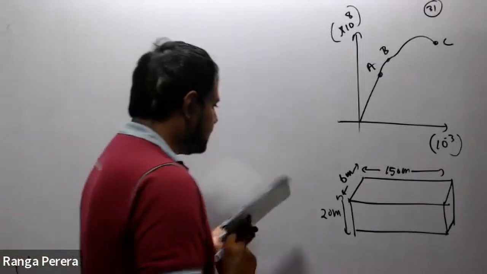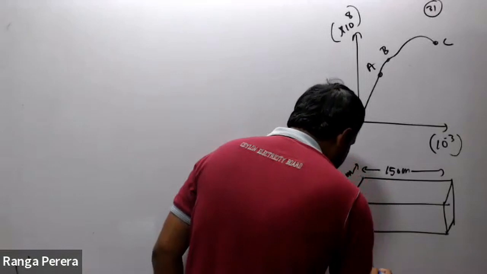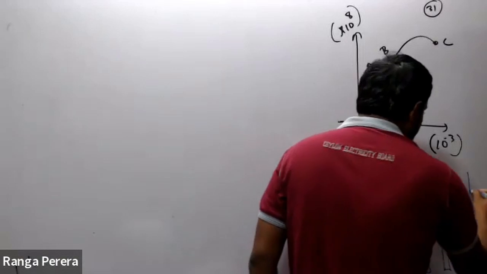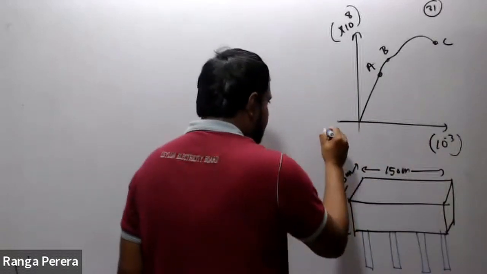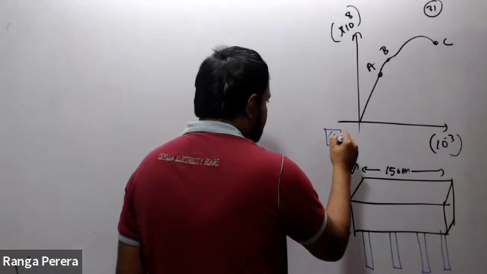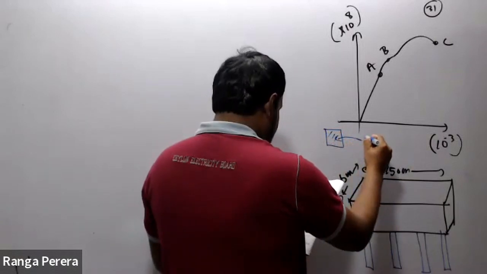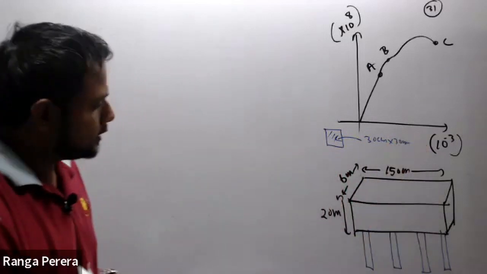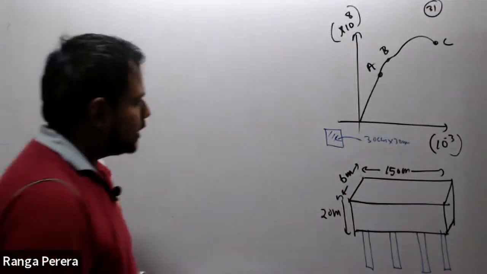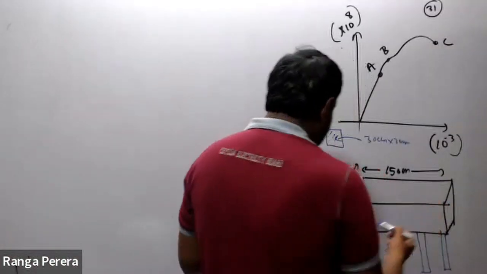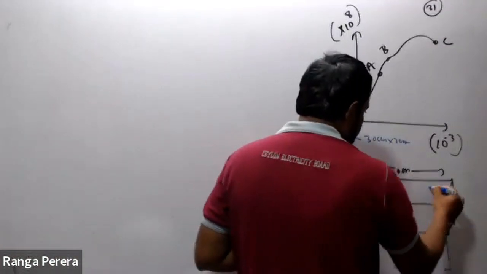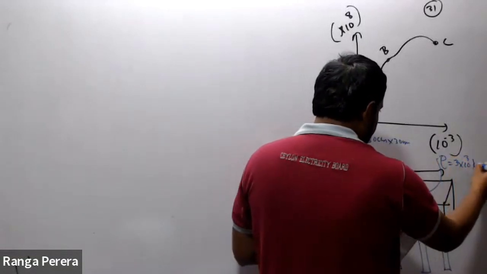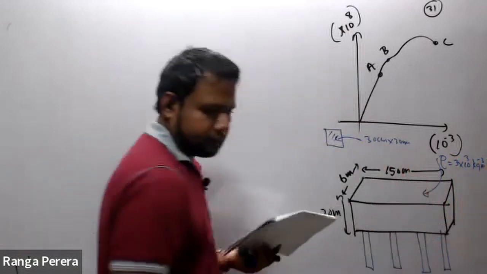It is supported by a few rods like this, which have a square area of 30 centimeter by 30 centimeter. We don't know how many. Inside this we have soil. The soil density is also given: rho is 3 × 10 to the power 3 kg per cubic meter.